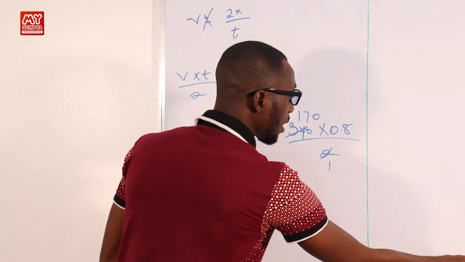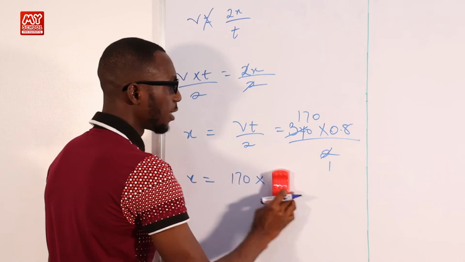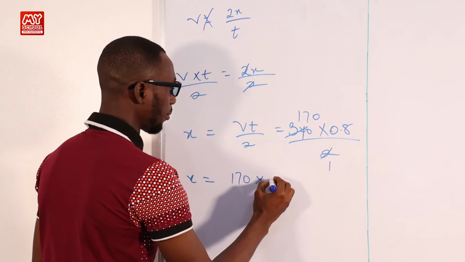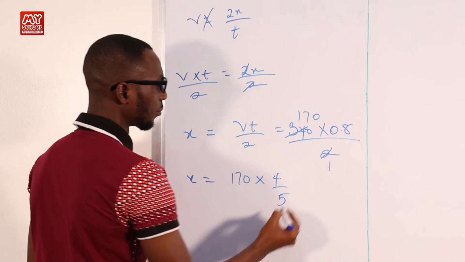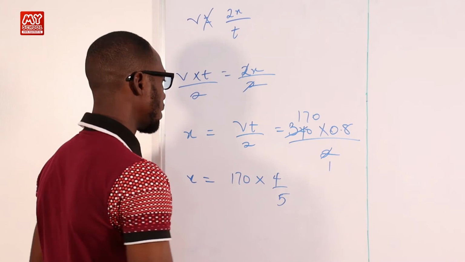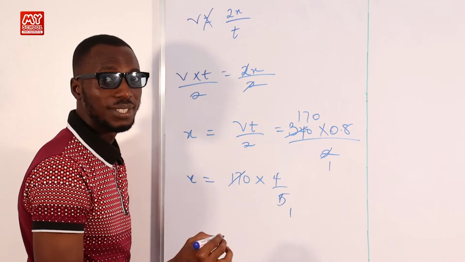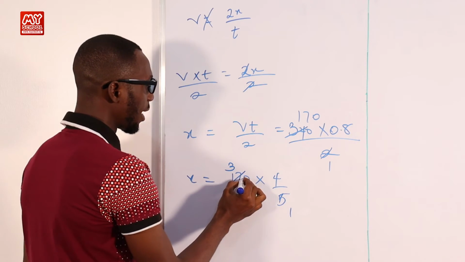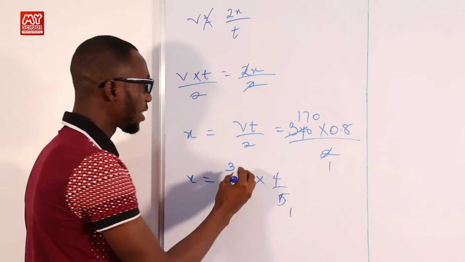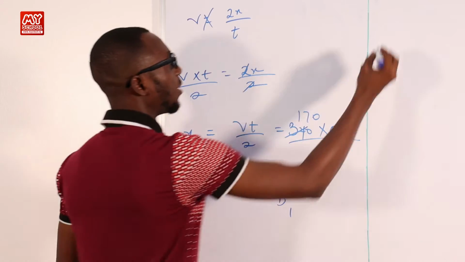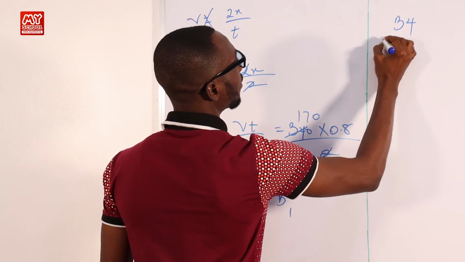or 170 times 8 over 10, whatever thing you want to do, 8 over 10 or 4 over 5. So we have 5 here 1, 5 in 17, that is 3, remainder 2, 5 in 20, that is 4. So we have 34 times 4. And you can just do something like this.